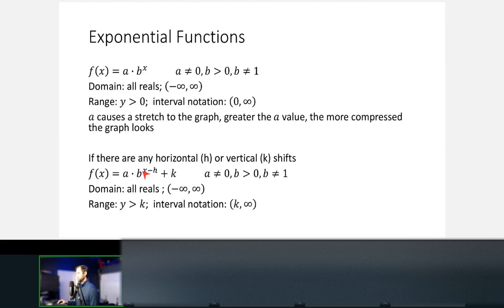So if you shifted the whole function up 5 units, it would be from 5 to infinity. If you shifted it down 5 units, it would be from -5 to infinity. Pretty simple. Again, range is really determined by the vertical shift, and it's also determined if we happen to flip our function, which we'll talk about here in a bit.